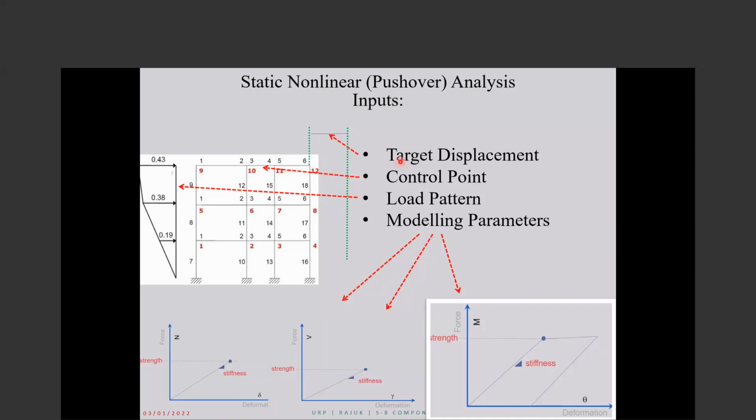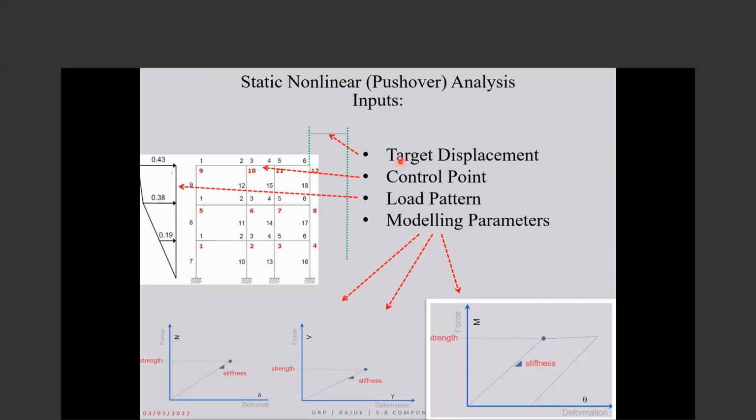And that's the scenario, that's the idea: when you push the building nonlinearly to the target displacement, then you have the status of the building in the earthquake, the maximum status of the earthquake.